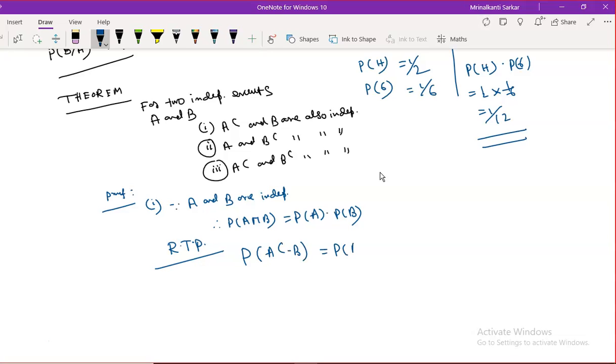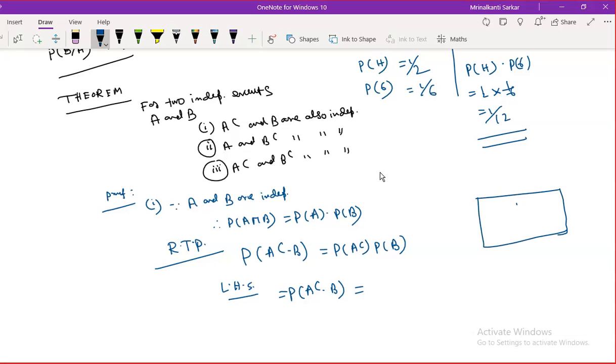P(A complement intersection B) equals P(A complement) into P(B). This we want to prove. How to prove it? Here, the left hand side, P(A complement intersection B), this I have told you earlier: if you consider A complement intersection B, then it is this part. All of you will agree with me. This is nothing but B minus A.